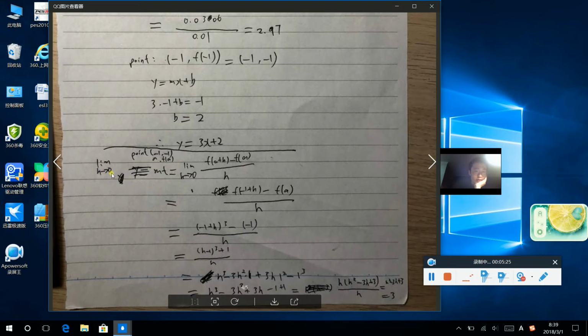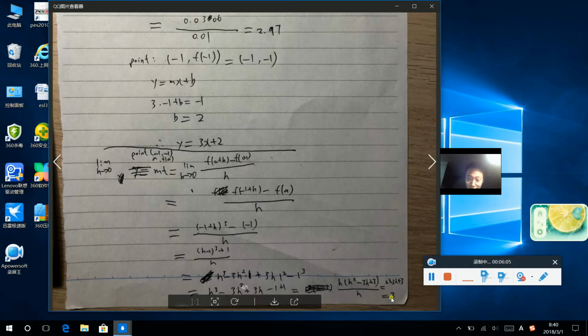As h approaches 0, I only get one point, which is -1 and -1. This is the coordinate. I put the same formula on it, which is the same as f(B) minus f(A) divided by B minus A. So I write down this formula, and as h approaches 0, the following steps are all of my calculations.